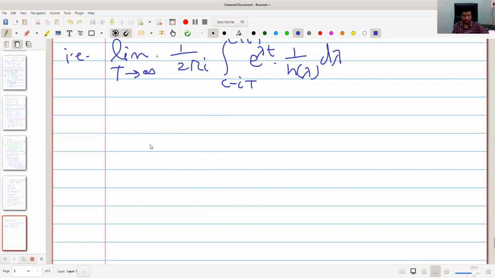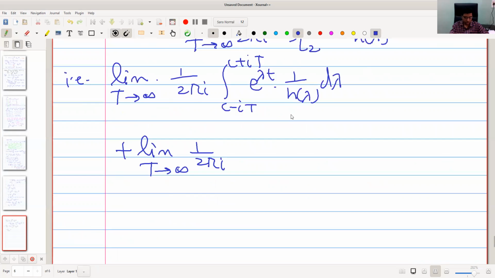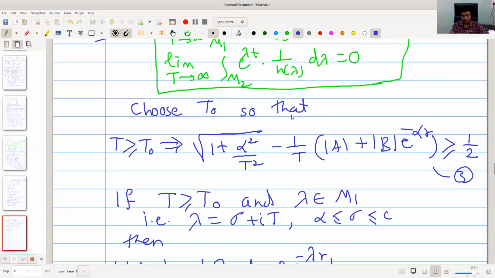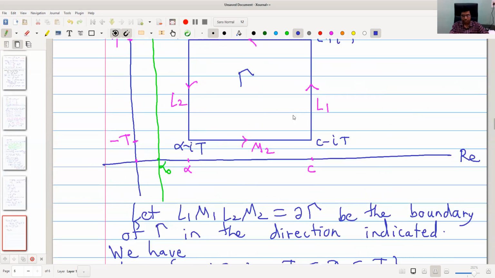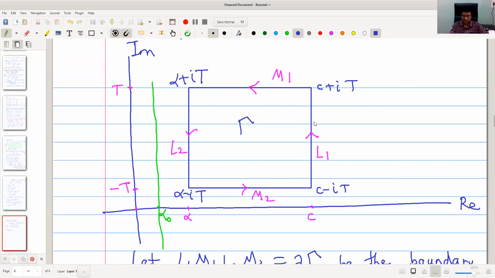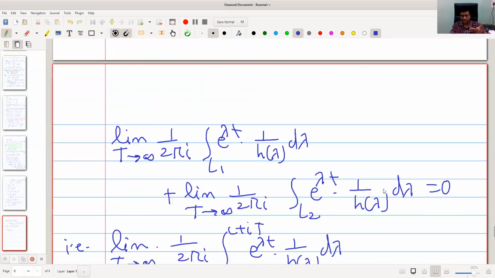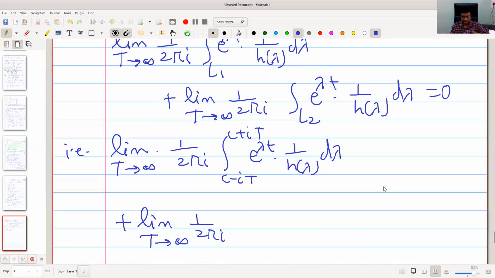Plus the limit of 1 upon 2 pi i. What is meant by integral along L2? L1 means c minus it to c plus it. Along L2 means alpha plus it to alpha minus it. Okay, the limits are set so that we can put a minus sign by interchanging limits. Okay, so this is important.